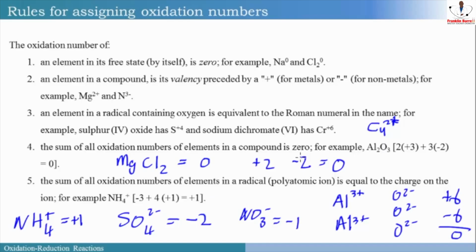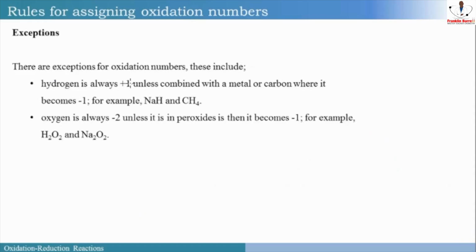So these are your basic rules. But you must understand that there are always exceptions to the rule. What are some of these exceptions? Well, hydrogen is always +1 unless it is combined with a metal or carbon, where it becomes -1. So in HCl, the H here is +1, while the Cl is -1.